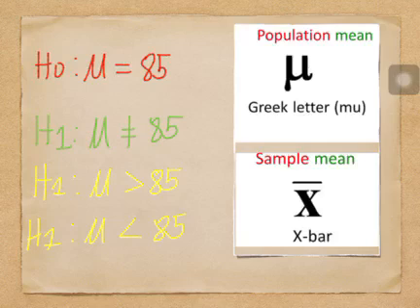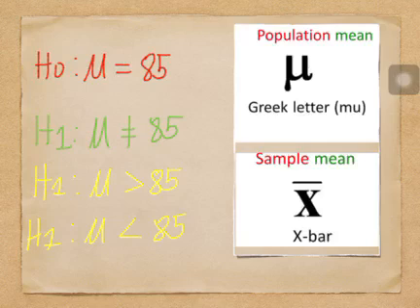So if you see equal and not equal, these are examples of a two-tailed test, which means that the statistical hypothesis is within the region of rejection on both sides of the sampling distribution, which we will talk about later. And then, if you have a one-tailed test, it's either greater than or less than, because the region of rejection is only on one side of the sampling distribution.